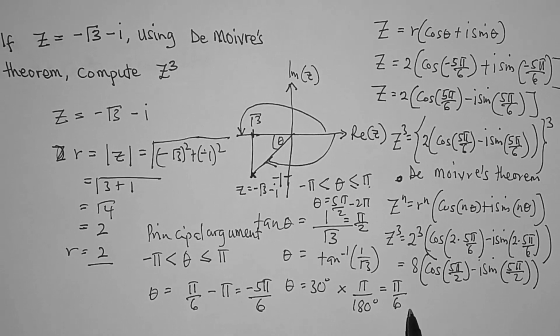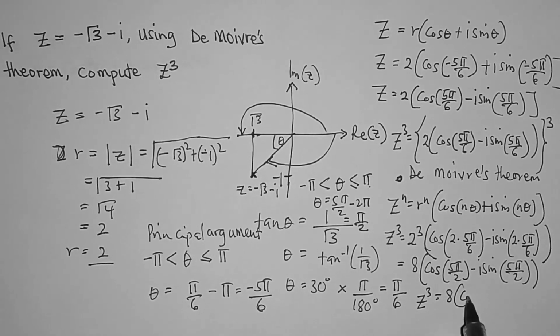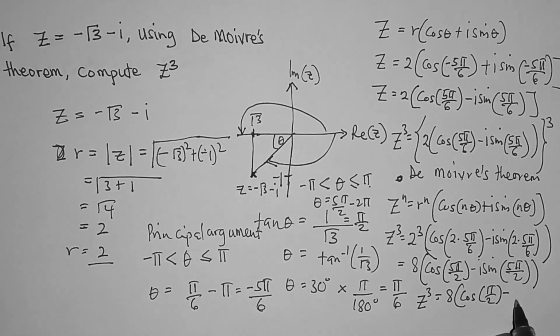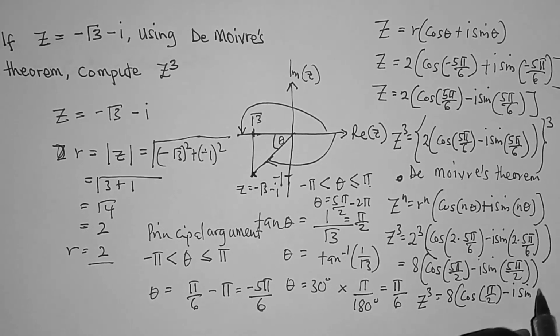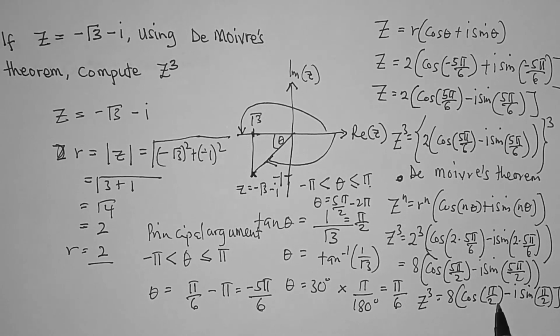So therefore, z cubed is equal to 8 times (cos pi over 2 minus i sine pi over 2). But we know that cos pi over 2 is the same as cos 90, and cos 90 is 0.